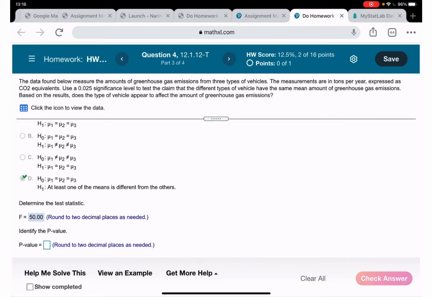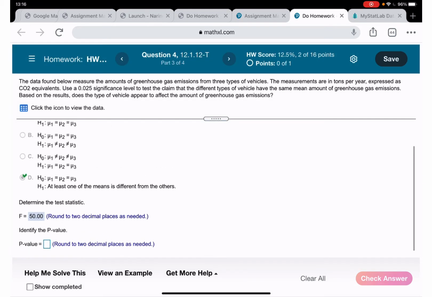So that was our test statistics, and this is what I was explaining in the video, that mean sum of squares between divided by mean sum of squares within gives you F test statistic, and that we have 50. Now let's check also p-value, how much it is.